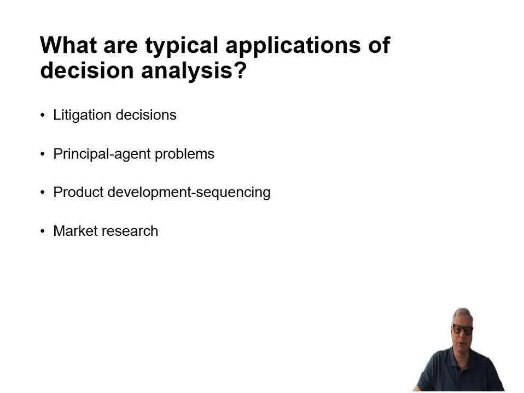Those are typical applications of decision analysis, and along the way we will introduce some new concepts like risk aversion and also Bayes theory, which is related to updating of preferences.